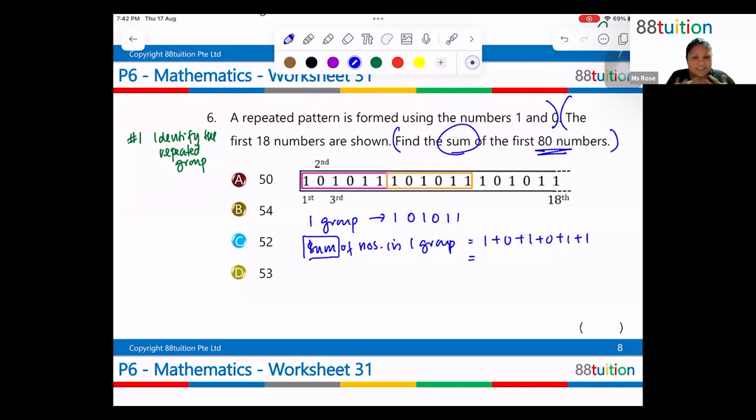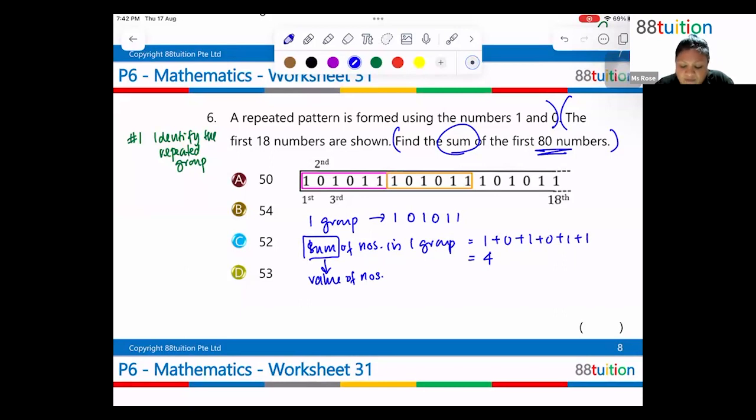I'm asking for the sum, which means the value of the numbers in one set. There are 6 numbers in one set, but what is the sum of the numbers in one set? The sum of the numbers in one set is 4.